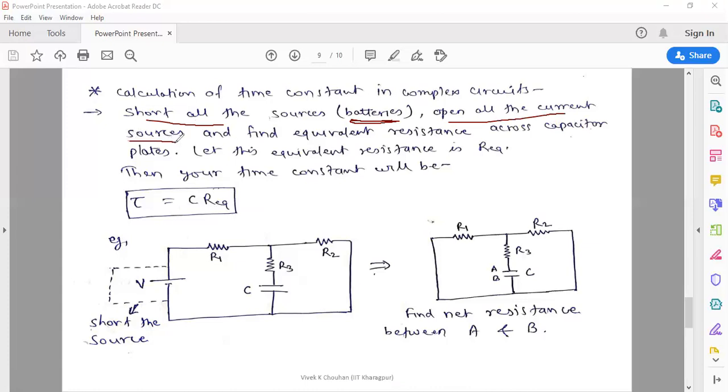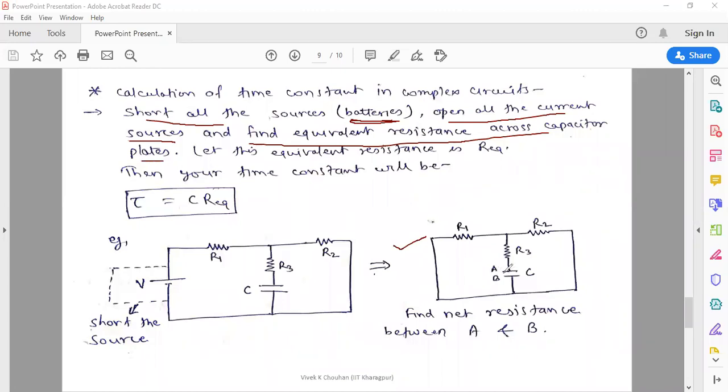Then draw the diagram separately after shorting the EMF sources, the voltage sources, and opening the current sources. In that circuit diagram, you will have to calculate the equivalent resistance across the plates of the capacitor. Let's give names to the plates.